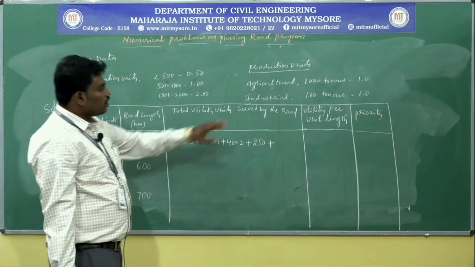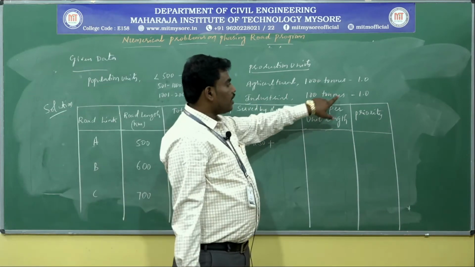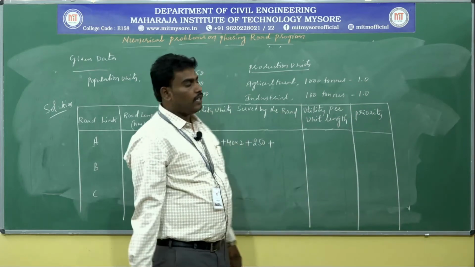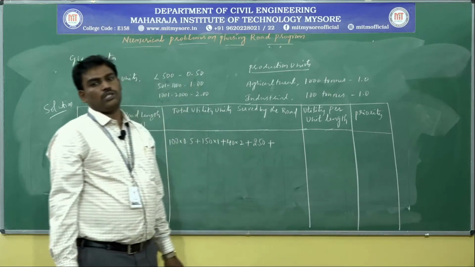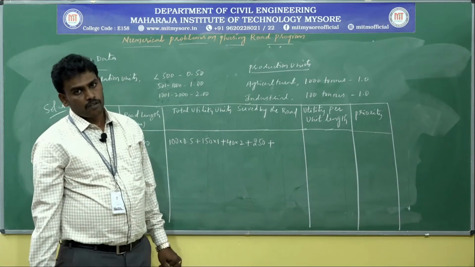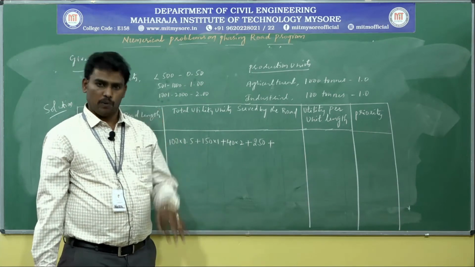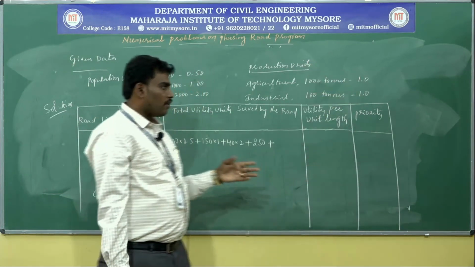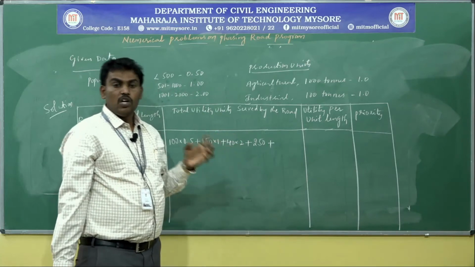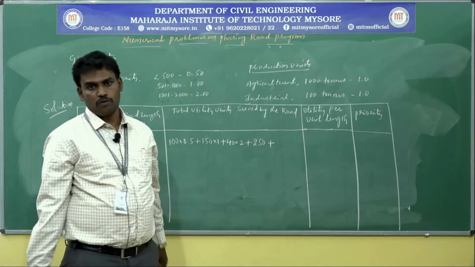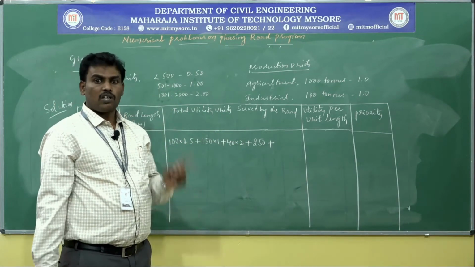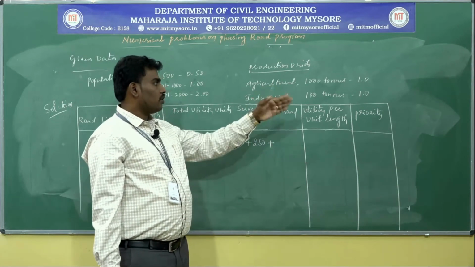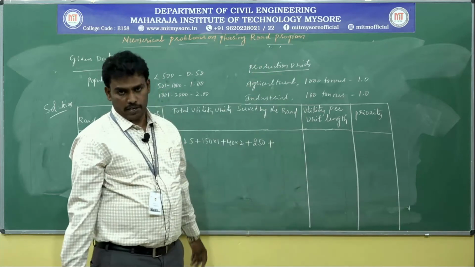Here, for 100 tons there is 1 unit, so for 20,000 tons the production unit is 200.